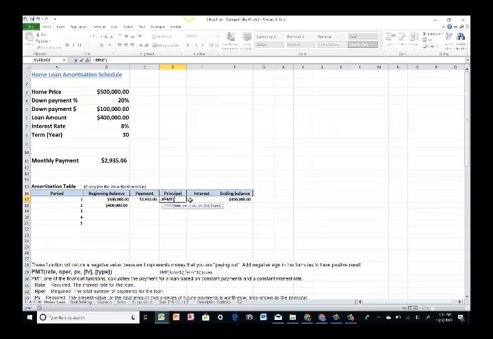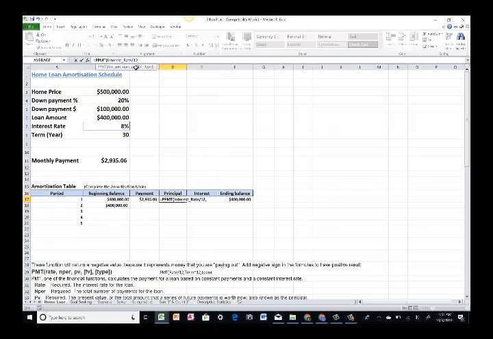And there are several arguments here as well. First is the same as in payment, the rate, but it's a monthly rate. So the same way as we did before, we're going to put the interest rate. And if you see, since I named this cell already, if I click on this cell, it's giving me the name of the cell, not the reference. And that's what I want to use. So interest rate divided by 12.